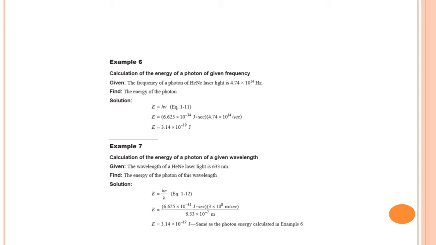And we're given that the wavelength of the light is 633 nanometers, which is actually 6.33 times 10 to the minus 7th meters. And we see that the energy is 3.14 times 10 to the minus 19th joules, which is actually the same as it was in the previous example. And that makes sense because it's the same helium neon laser. In one case, we're given the frequency, and in the other we're given the wavelength.